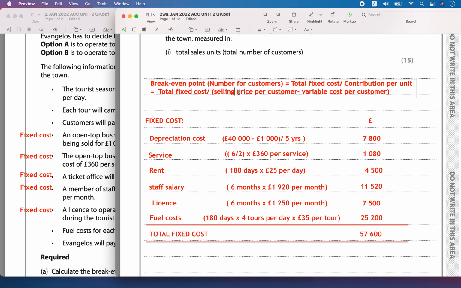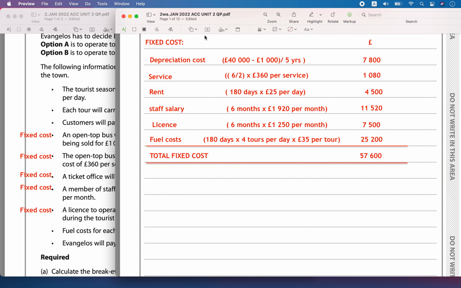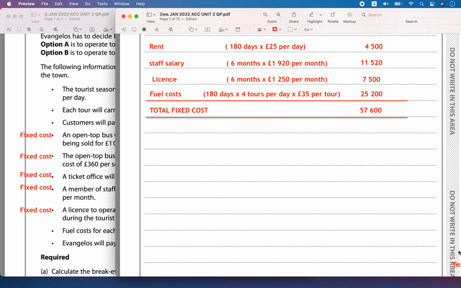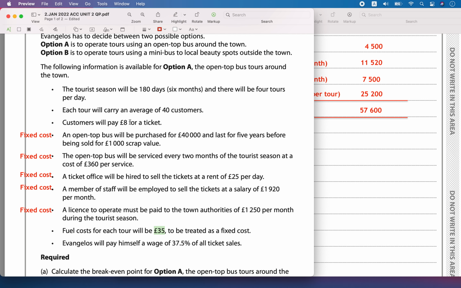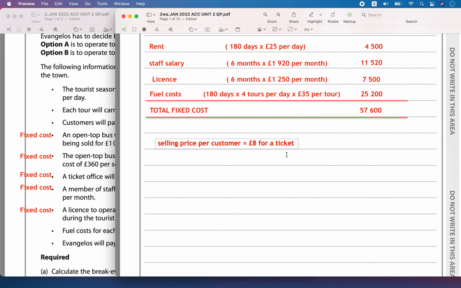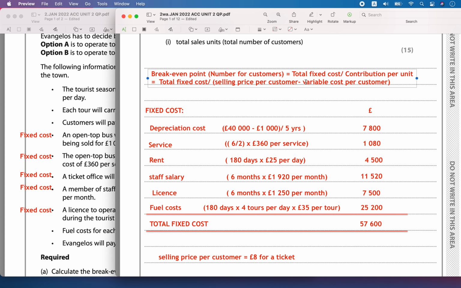Then we have to calculate the selling price per customer. So let's write it here. Selling price per customer is equal to 8 pounds for a ticket, and then the variable cost per customer.